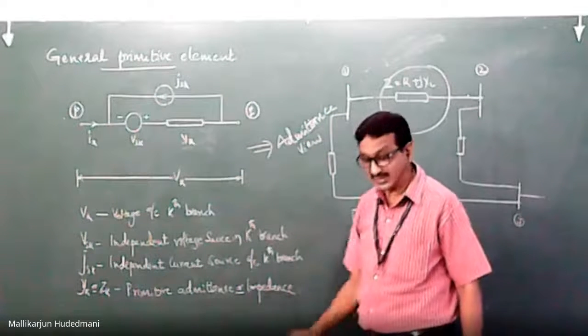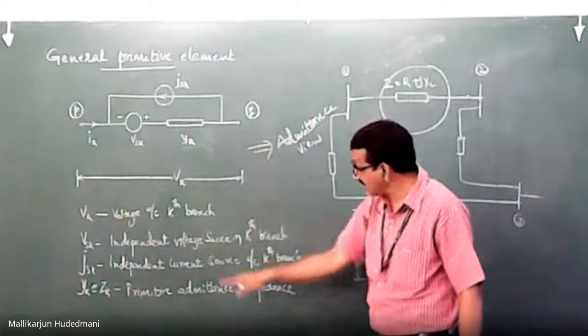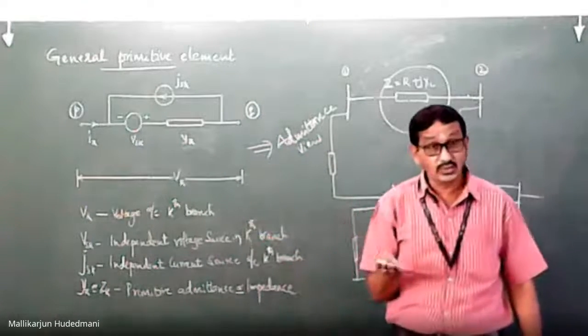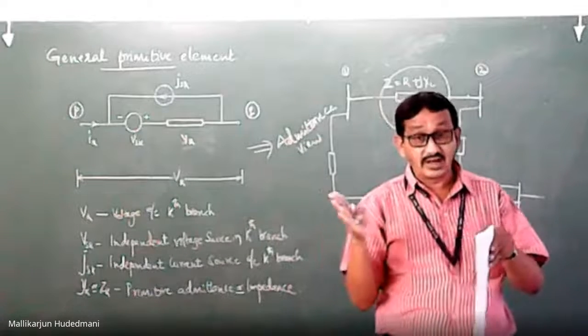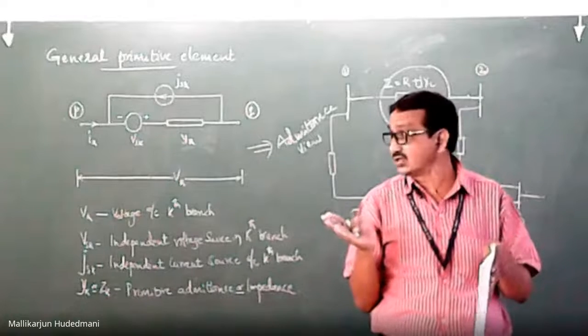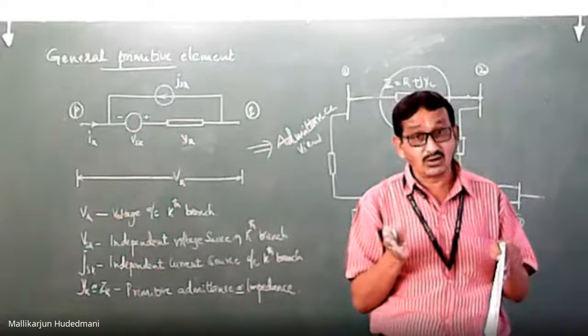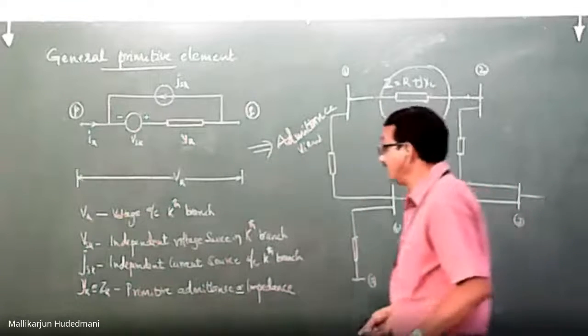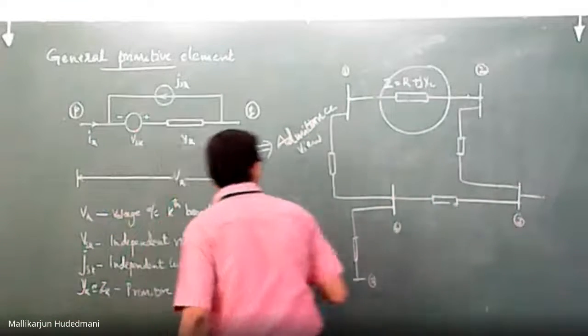How to do it? My next step is, once I have a general primitive element described with the terminology, I will try to reduce this by admittance approach. When I consider this entire observation into admittance, how terminologies get modified, I have to account. That's called the admittance form of general primitive element.